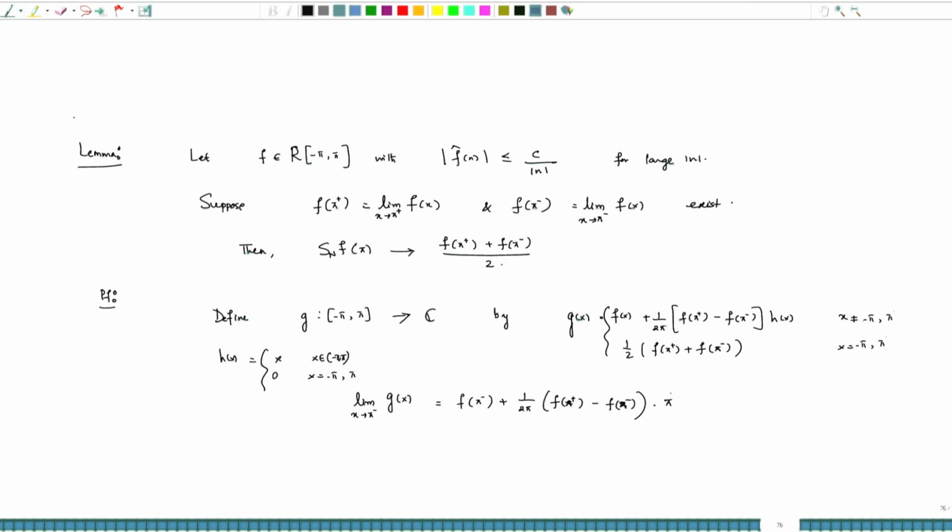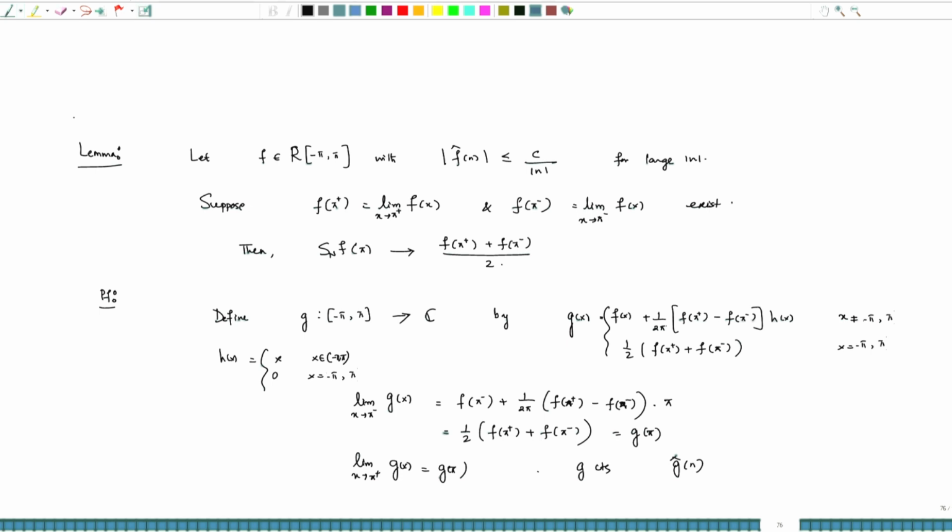So, if I am taking the limit of this h of x, then this is going to be pi. Therefore, this is equal to 1 half of f of pi plus f of pi minus. This is exactly nothing but g of pi. Again, similarly, we can show that as x goes to pi plus, g of x is again g of pi. So, g is a continuous function.